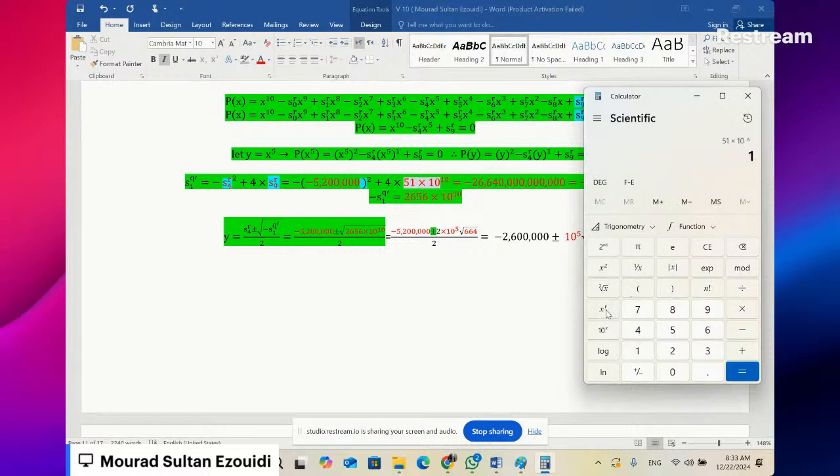This is 51. So I will use my calculator methods. I will just write multiply by 10 raised to the power 10, then minus, in parentheses like that, 52 multiplied by 10 raised to the power 5 all squared. I close this and make the square.